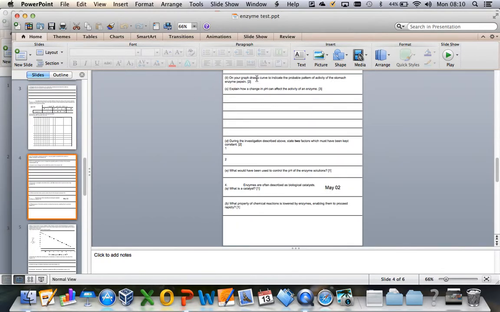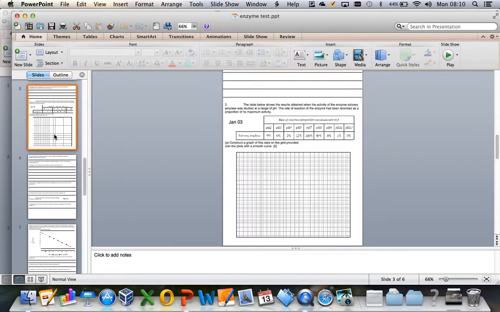Draw a curve to indicate the probable pattern of the activity of the stomach enzyme pepsin. So it tells you that it's active in the stomach, so you must have an optimum pH of 2, and you will want to do a similar range to what you got for this curve. So if this curve was probably like that, then a similar range is probably going to be about between 1 and 5 to get credit for that.